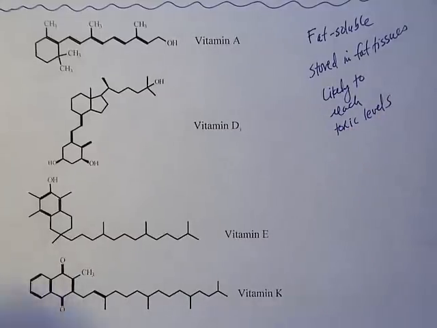And that's why on the back of the vitamin bottles, there's a daily allowance amount that is written, and you should not exceed those. Otherwise, you'll be building these up in your fat tissue, and that will be reaching a toxic level. All right. So that concludes the lecture on lipids, and we'll move on to proteins next.